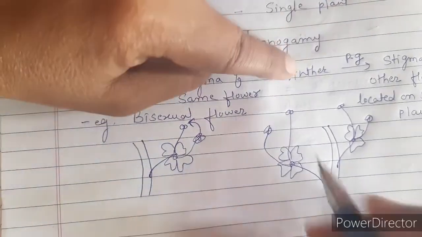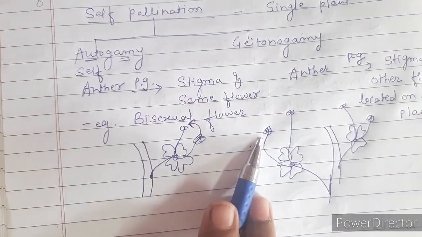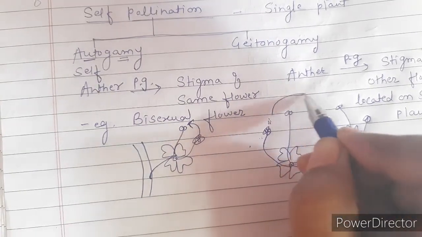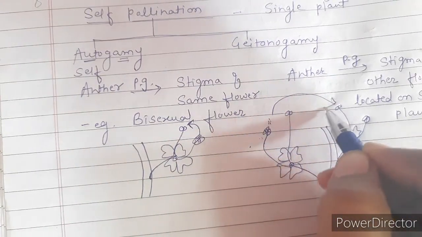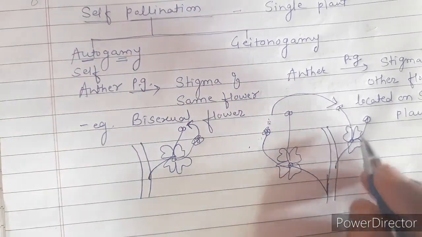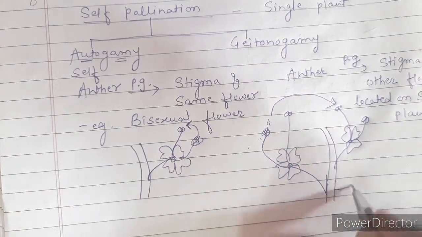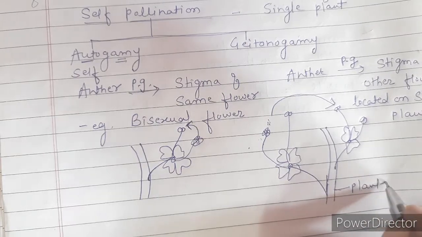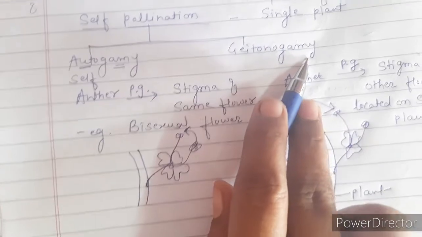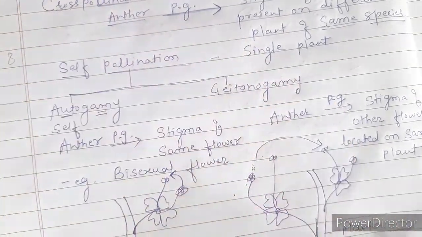See here, if the pollen grains produced in this anther are transferred and deposited on the stigma of the other flower, but located on the same plant, the plant is single here. Such type of pollination is called geitonogamy. Thus, you can observe here in both these cases, a single plant is involved.